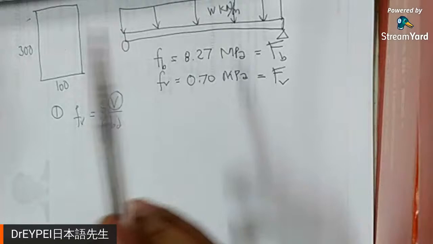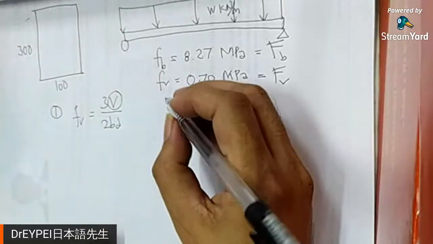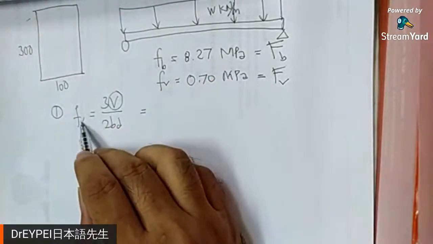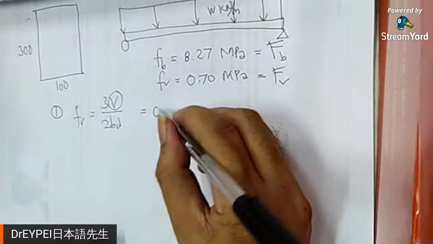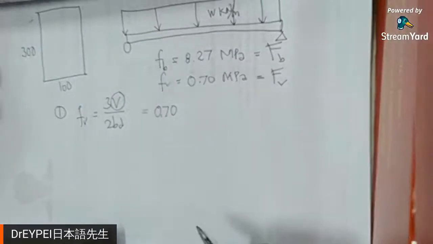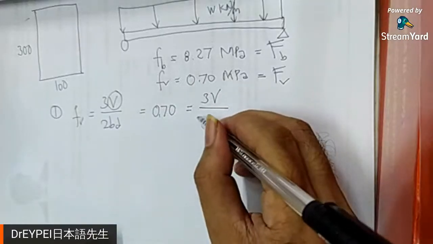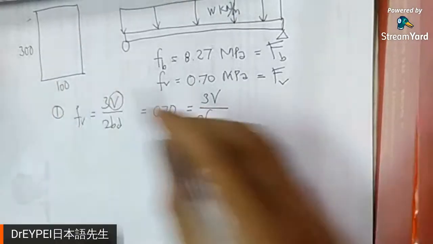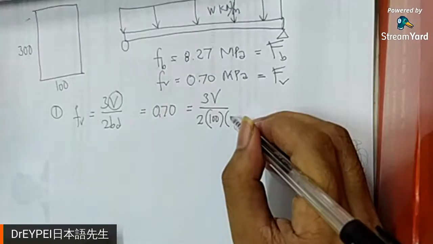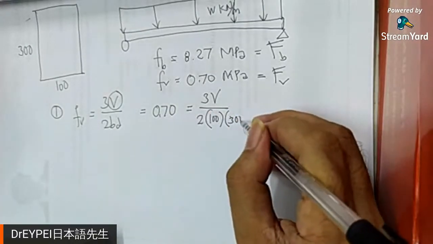So, ito hinahanap. Therefore, lagay natin, ano yung given? Shearing stress. Yan yung given. And then, that is equal to 3V over 2, ano yung b? 100. And then, yung d is 300.